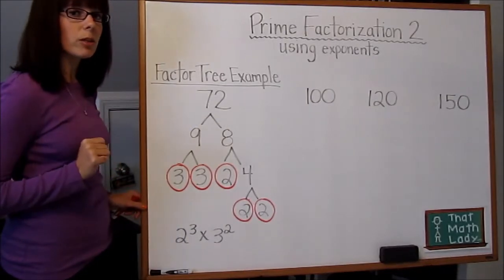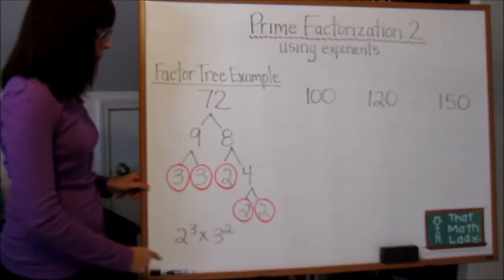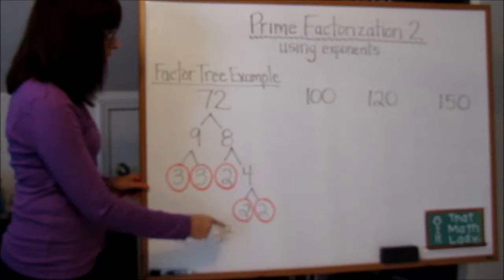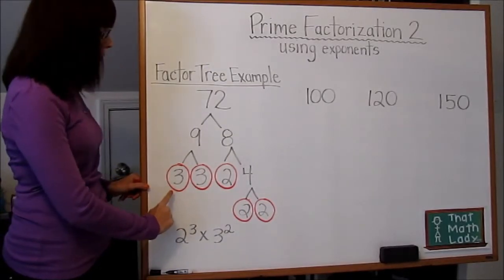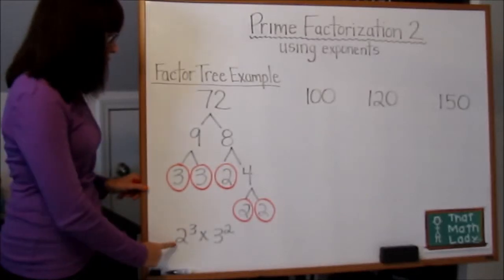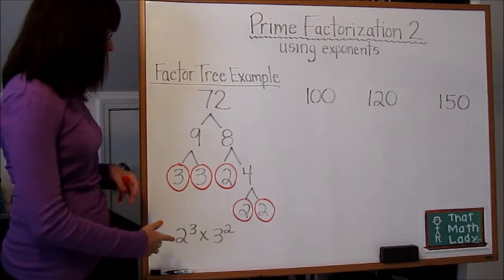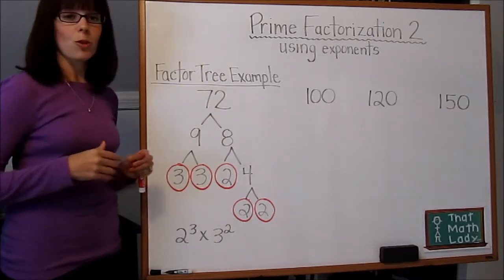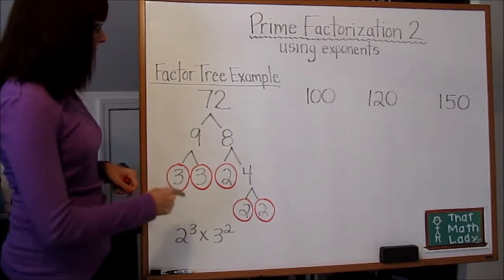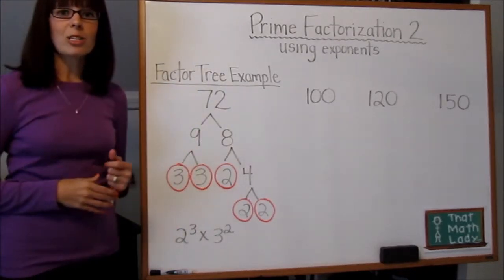That 3 exponent shows us that that 2 is multiplied by itself 3 times, times 3 to the power of 2, because there's 2 3's in my factor tree here. So my answer is 2 to the power of 3 times 3 to the power of 2, or 2 cubed times 3 squared. And that is my prime factorization for the product of 72.